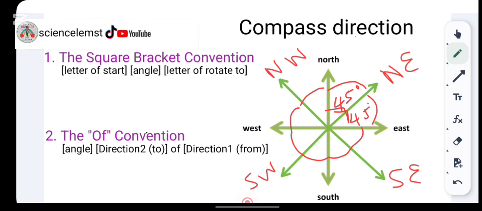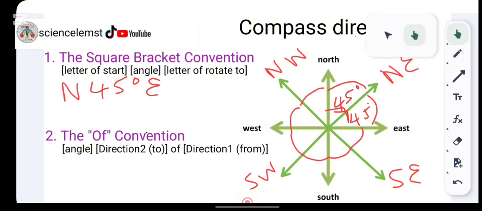So if I use the square bracket convention method to write the direction of that vector, I would say what? I would say N, where am I starting from? From the north. The angle, 45 degrees. Where to? To the east. That's when I'm starting from the north, I'm going 45 degrees towards the east.